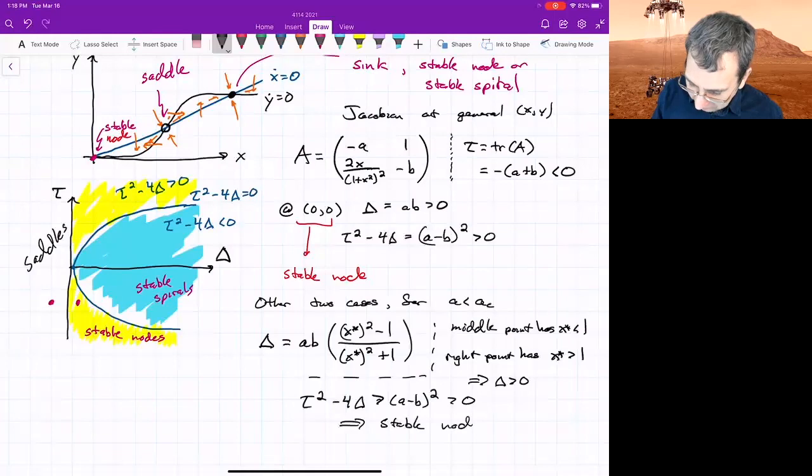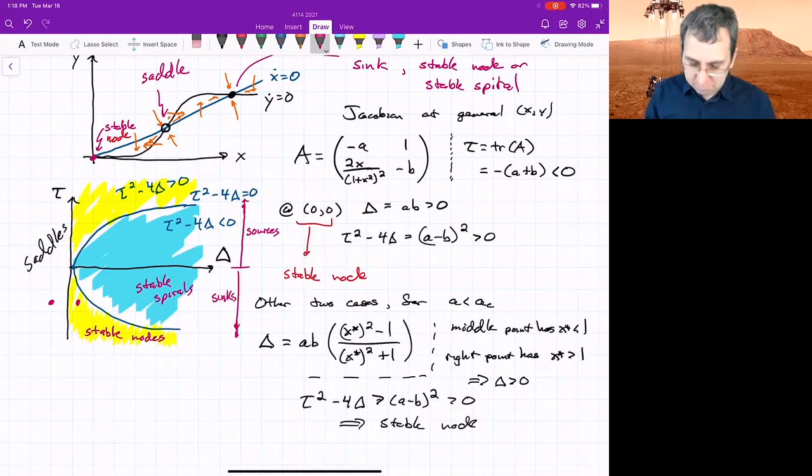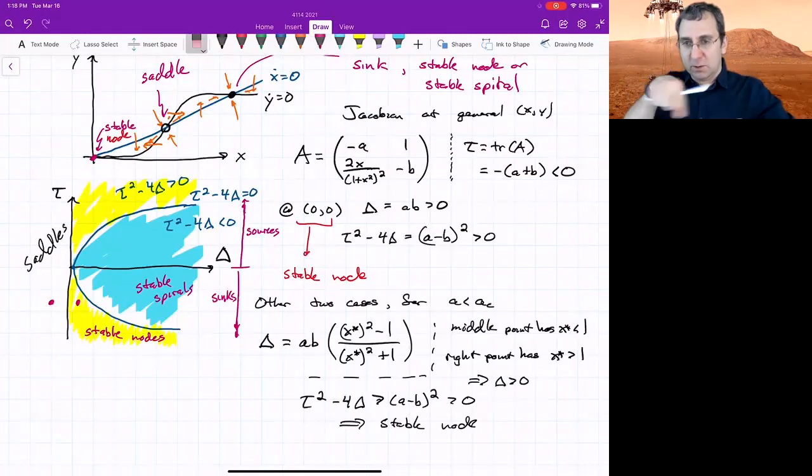So now we know exactly what type of sink it is. If you want me to put that classification again, for delta greater than 0, these are sources, and less than that would be sinks. So that includes stable, but we don't necessarily know which type. If I say sink, it could be a node, or it could be spiraling.